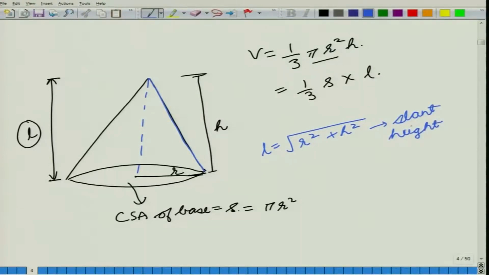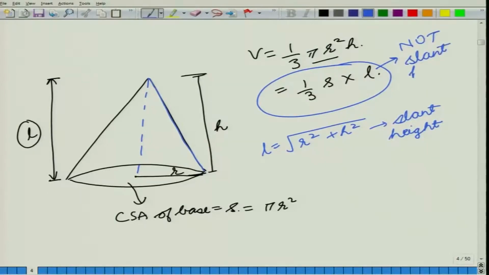Now, remember that when we are defining this equation, this L is not the slant height, but the length of solid. So, you must not confuse between this L and the previous L. So, now we can write the volume as 1 by 3 S into L.